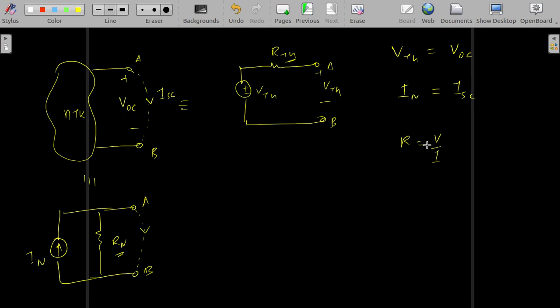We also mentioned that we can transform these two. Source transformation is possible. From this, one thing that you should be able to identify is that RN equal to RTH equal to V open circuit by ISC.